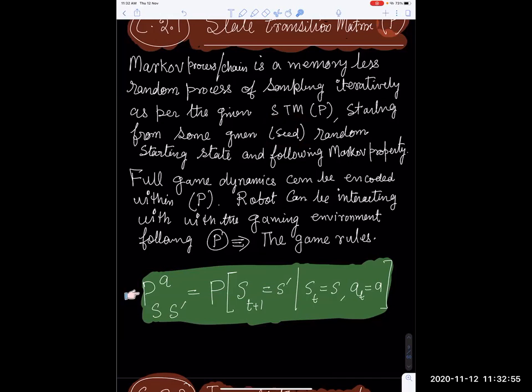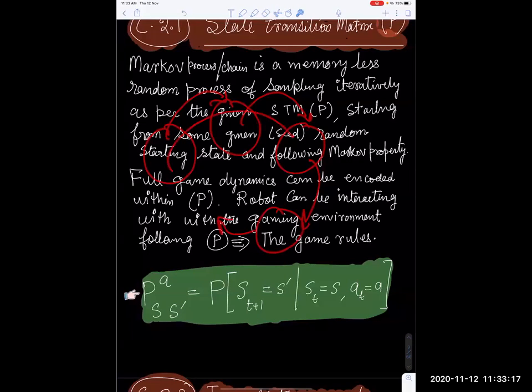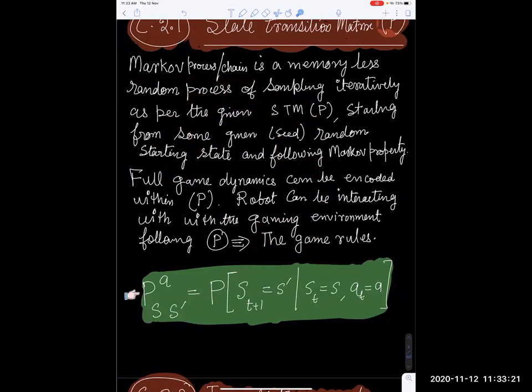So the initial state is going to be given to you, and with a probability function like this, the initial state and the action that you have taken at that state determine what your next state is going to be. So you are here, you take an action, you go there, then you take an action, you go here, and keep on doing all that. This is actually a cycle. That can be called the Markov random process, or the chain that you are having, which is actually a memoryless thing.